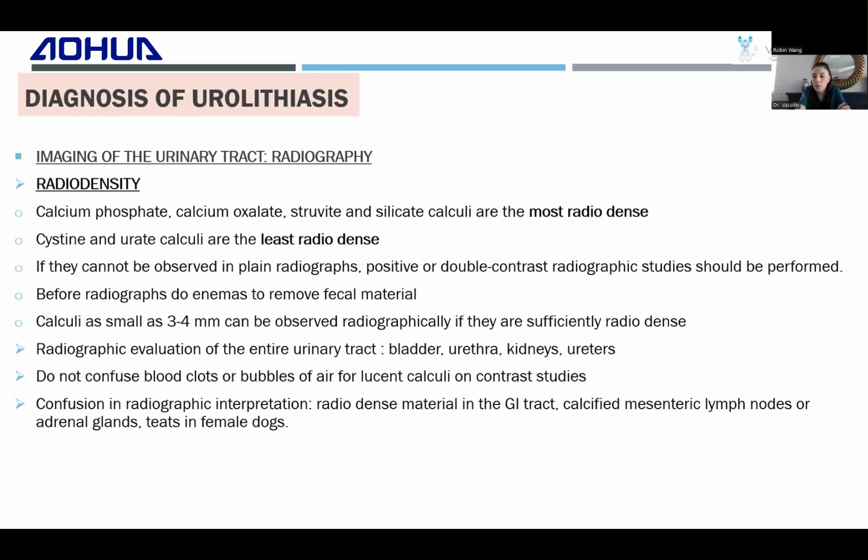Before radiographs, we should always do enemas to remove the fecal material. This is very, very important because sometimes you cannot see uroliths in the urethra due to the fecal content in the colon. And this is one procedure that we also do in urethral stents. We first do an enema to remove all the fecal material.